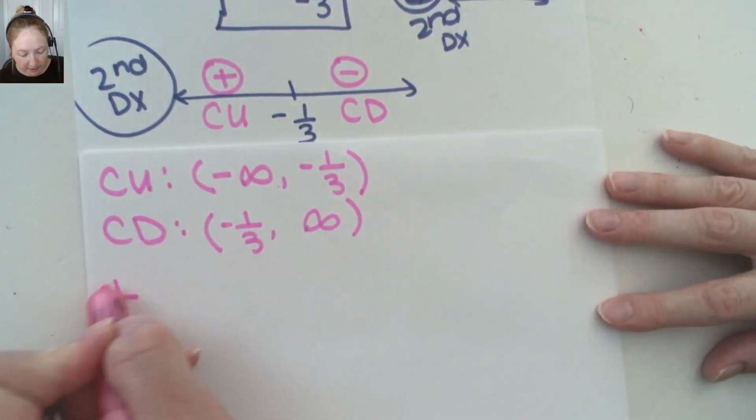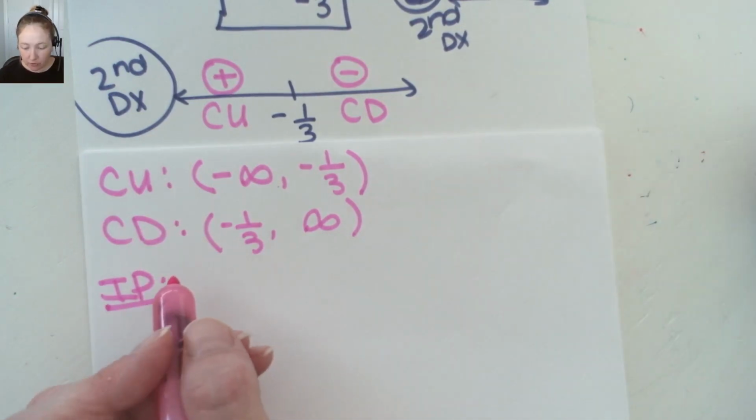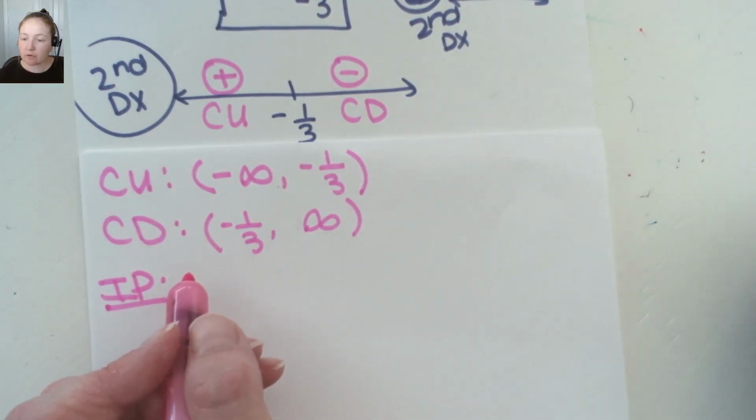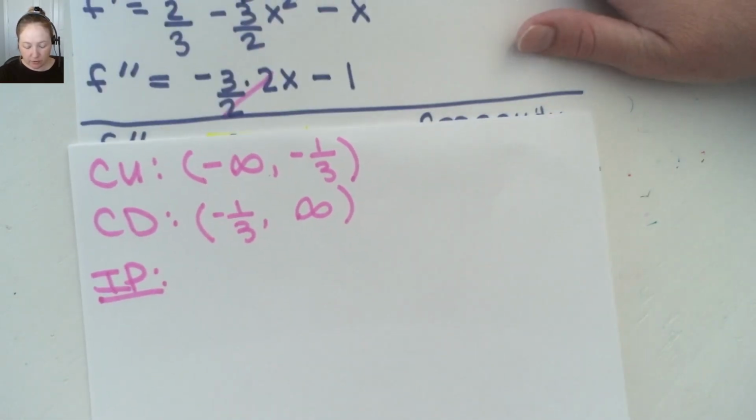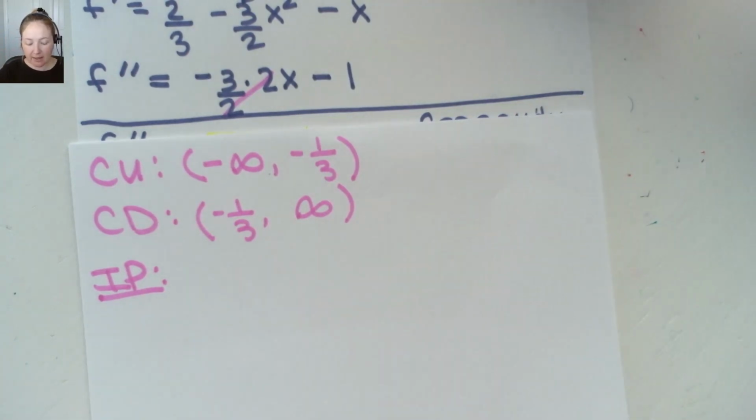Then when it says inflection point, you need to see a first derivative existing. And our first derivative here is going to exist for all real numbers because, again, there's no denominator, no square root, no natural log. And the key thing you're looking for, especially in this class, is that concavity change. And we do see a concavity change.